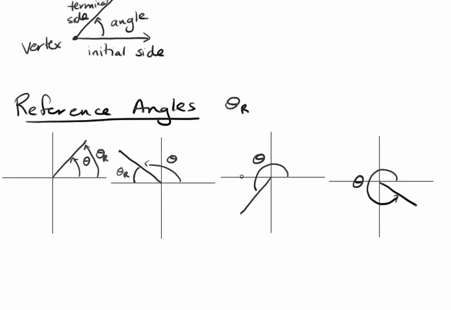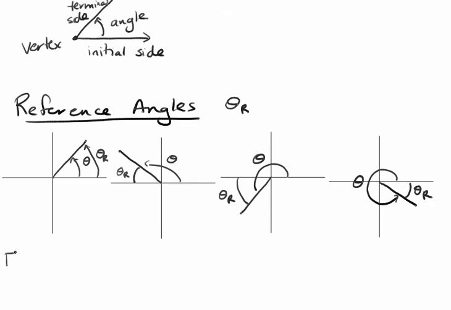This is the x-axis, so this is our positive angle theta r. Finally, in our 4th quadrant, from the terminal side to the x-axis, this would be our reference angle. So theta r in each of these cases is a reference angle for whatever our initial angle was.